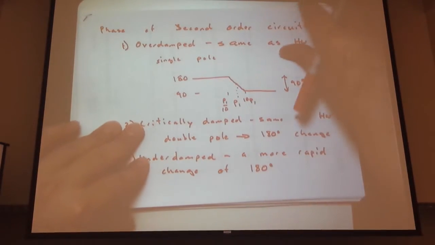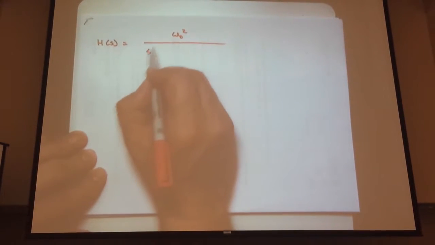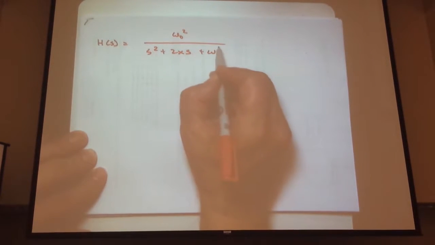And we could think of an extreme example. So we could say H of S equals omega naught squared over S squared plus 2 alpha S plus omega naught squared.